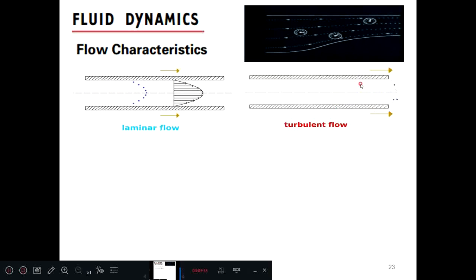So this is a turbulent flow, where the fluid particles are not moving in a systematic manner. They are moving in a haphazard manner. Turbulent flow is irregular flow characterized by small whirlpool-like regions. That is shown in this figure.